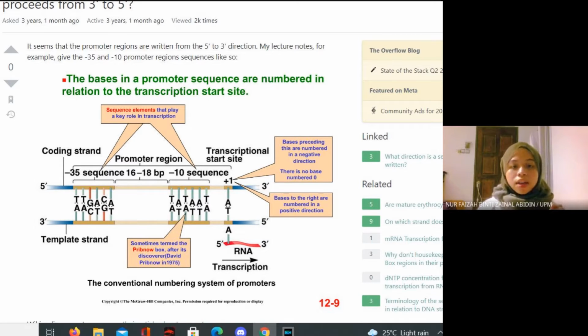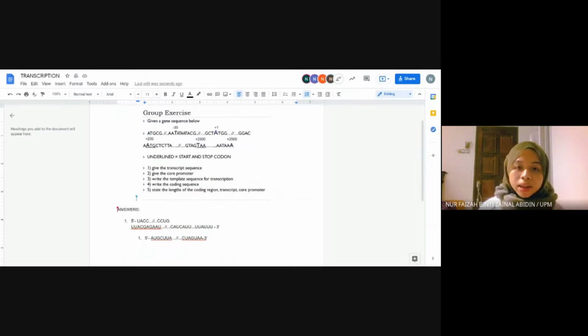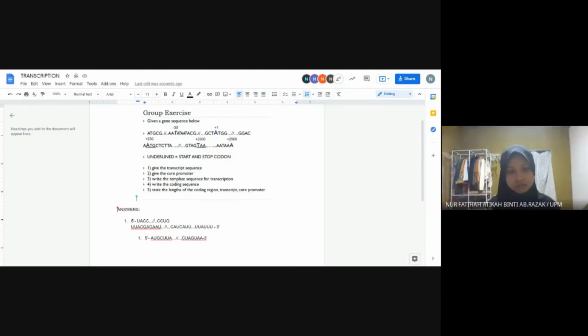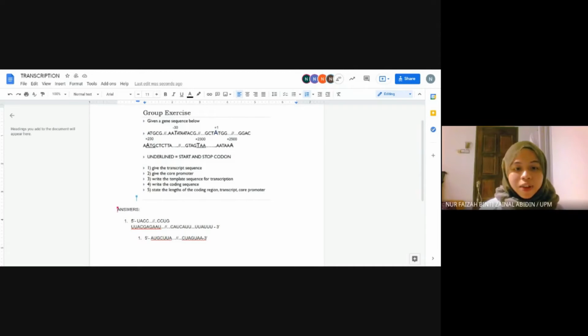Instead it transcribes from the template strand. So we have to find the complementary sequence first, which is the complementary of ATG, which is TAC, and so on. Then after we find the template sequence, we transcribe the RNA from the 5' to 3'. So that's what I think.